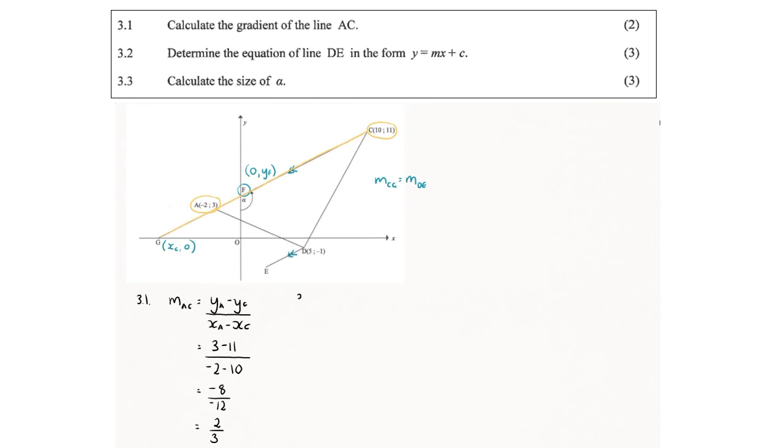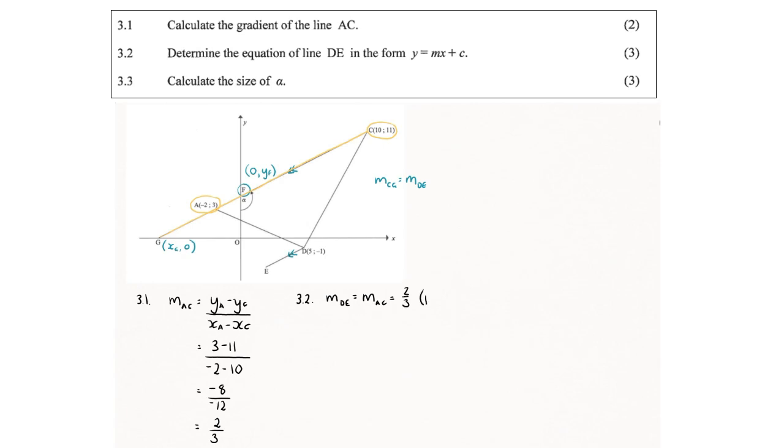Now, DE lies below the x-axis, and we have the coordinates of 1 point on the line, that's the point D, and the coordinates of D is (5; -1). And we need to determine the gradient of DE, but this is easy since we know that DE and AC are parallel, so their gradients are the same. So that means DE has a gradient of 2/3.